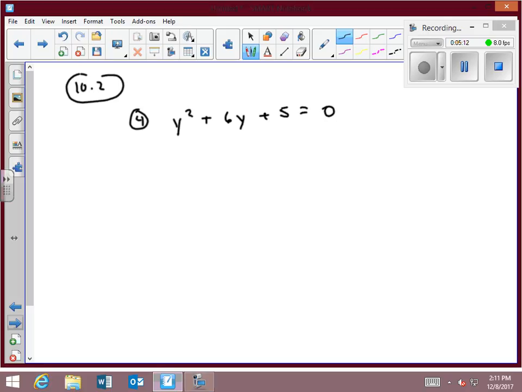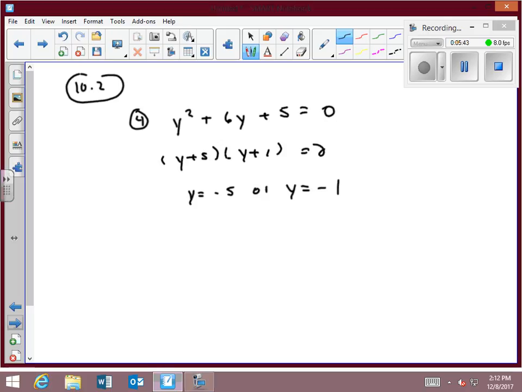You would know that this thing factors which way? y plus 5 and y plus 1. Wouldn't you just be able to look at it and see that that's what it is? And y is equal to minus 5 or y equals minus 1? I mean, at this point, after doing this many problems, I would think that you'd probably just be able to look at it and say that's what it is.